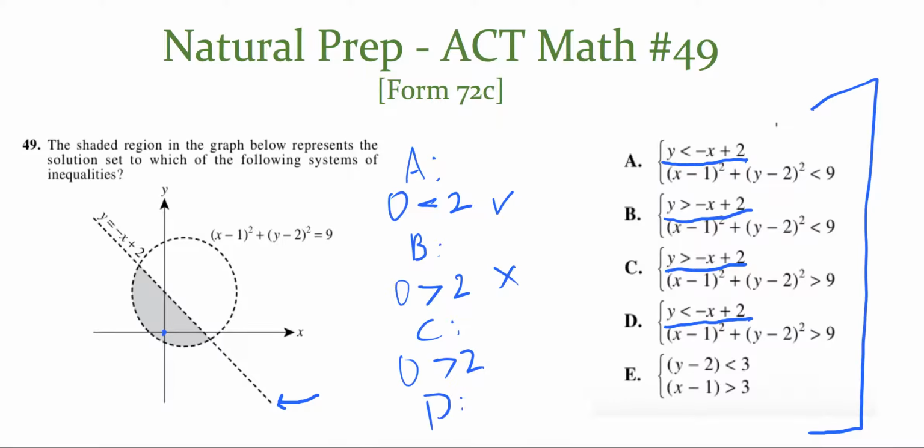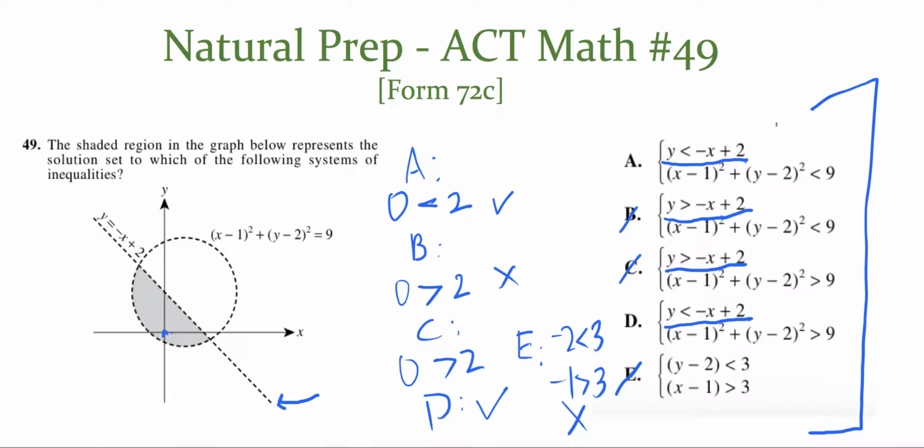And then D, we get the same thing as A, so that works. And then E, if we try 0, 0, we get negative 1 is greater than 3, which is false. So E is out, B is out, and C is out, because 0, 0 should be included in our solution set.